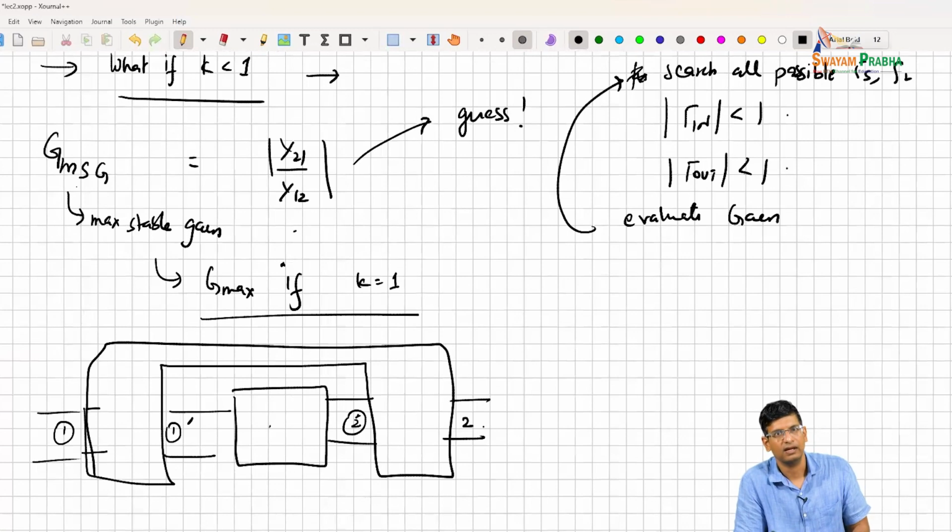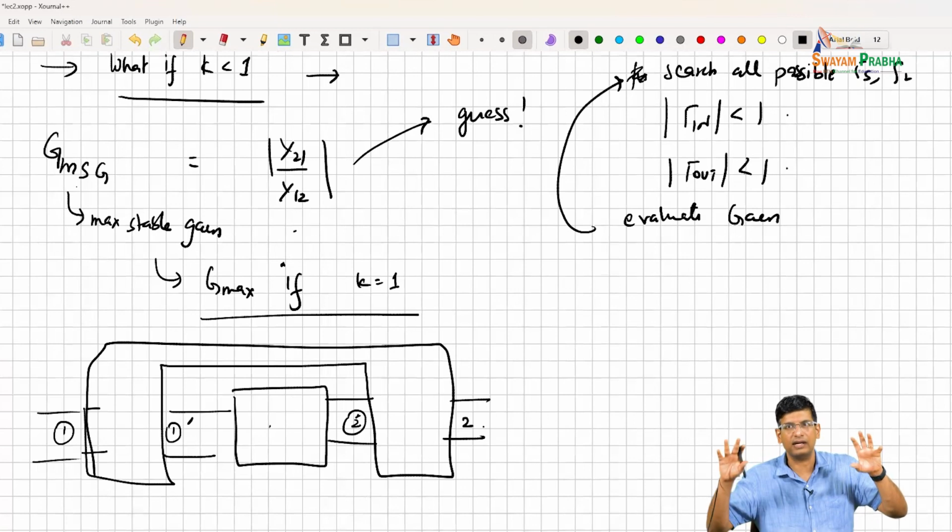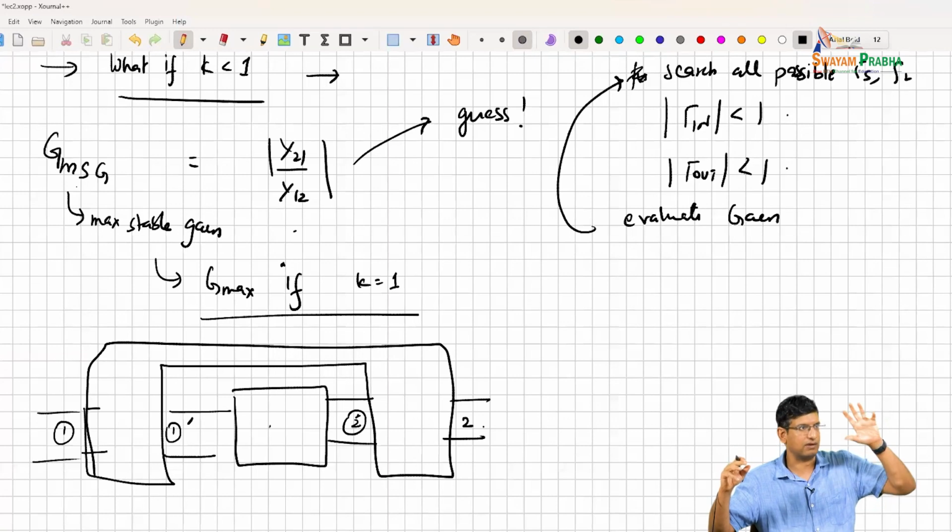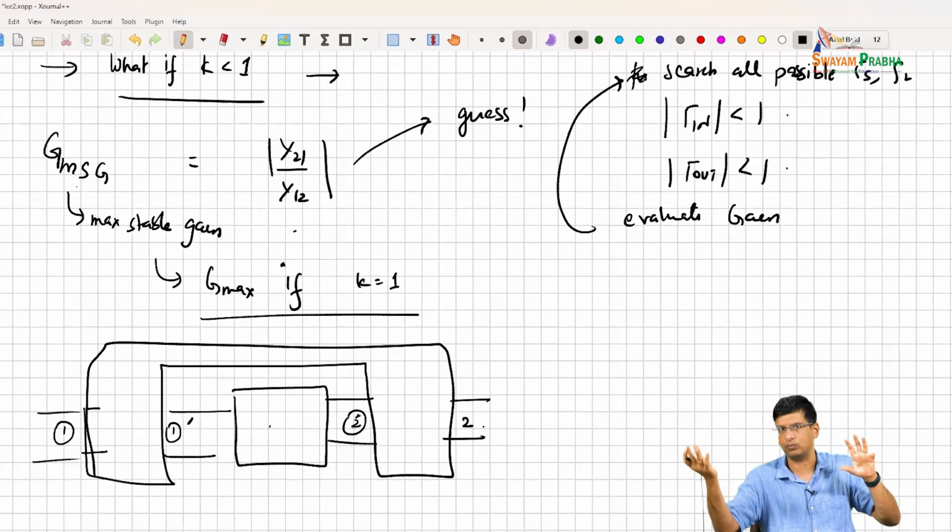Does that make sense? So G max doesn't mean that this is the highest gain you can get from the device. It only means this is the highest gain you can get if the network you are putting around your device is a matching network on the left and a matching network on the right.